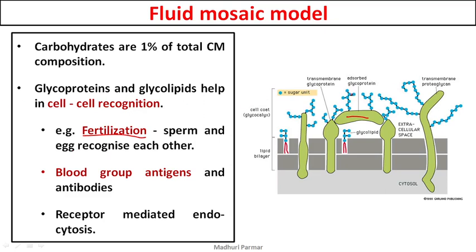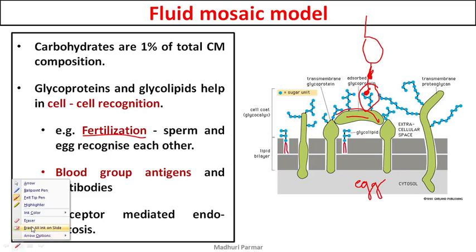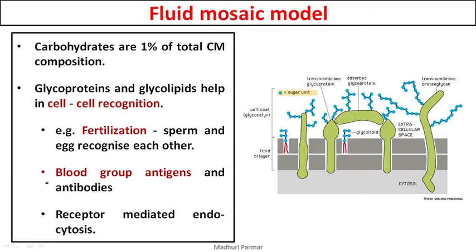If this is the egg and this is the egg's glycoprotein, the sperm will have an opposite receptor. It will be able to receive something. For example, this will come closer and then it will get fixed here. Then it is able to sense this glycoprotein and come to know that this here is an egg or egg cell. So sperm and egg recognize each other because of these glycoproteins.